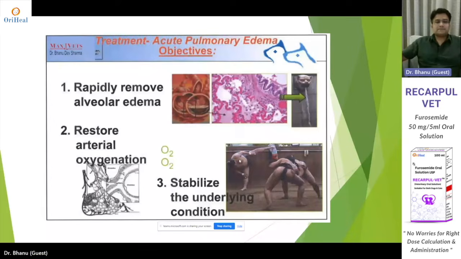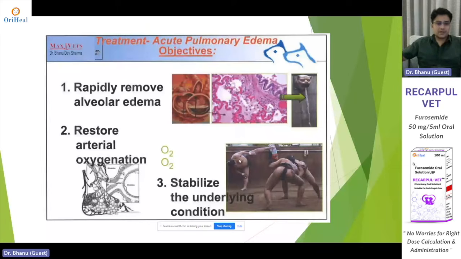For pulmonary edema, there are three hallmarks which we have to follow here. The first and foremost is to rapidly remove the alveolar edema. We have to use diuretics, we have to use Lasix injections, and using Lasix injection, one has to know what dose and how frequently one has to use. Because at my practice, I generally admit all these cats, and I do an aggressive diuretic therapy with very close monitoring of the vitals.